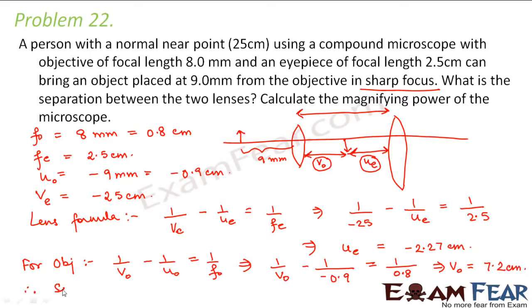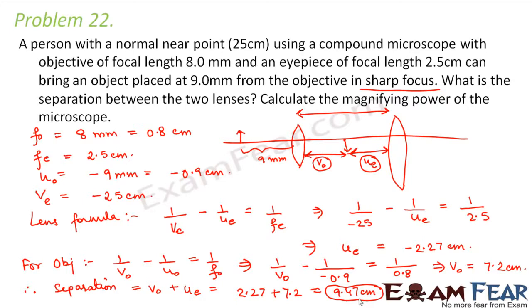Therefore, the separation between the lenses will be VO plus UE, that is equal to 2.27 plus 7.2, which comes out to be 9.47 centimeters. Right? Okay. So now the second part of the question asks us to calculate the magnifying power of the microscope.